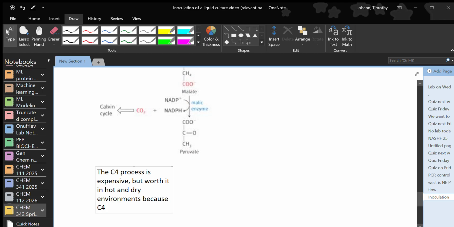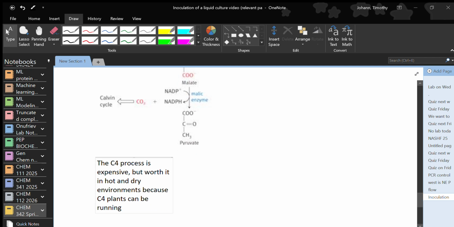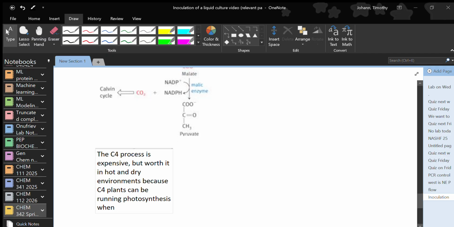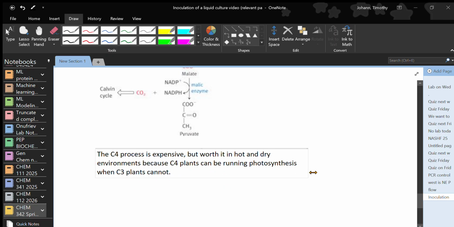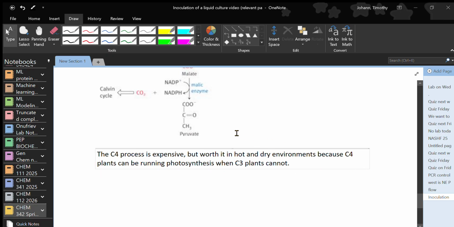Because C4 plants can be running photosynthesis when C3 plants cannot. Why can't the C3 plants do it? Because they can't open their pores because all the water will go out.